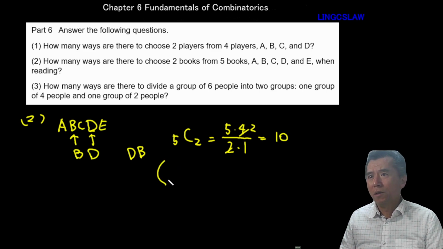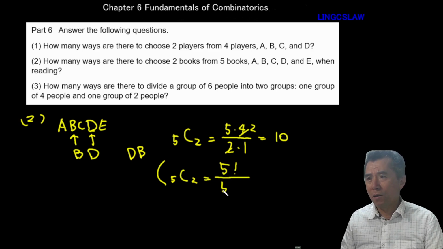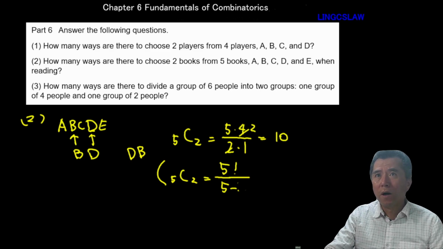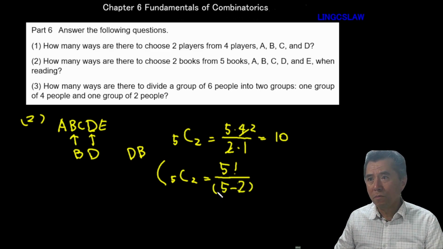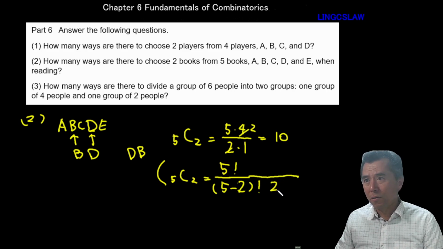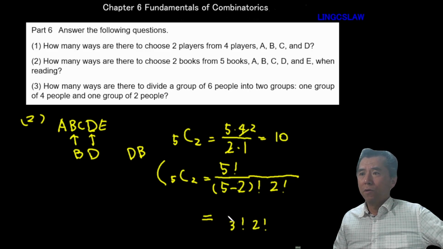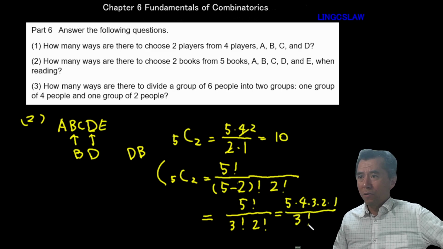Actually, this is 5 combination 2 equals 5 factorial divided by (5 minus 2) factorial and 2 factorial, equals 5 factorial divided by 3 factorial, 2 factorial. 5 factorial equals 5, 4, 3, 2, 1 divided by 3 factorial, 2 factorial, so this is the same, 5 times 4 divided by 2 times 1.